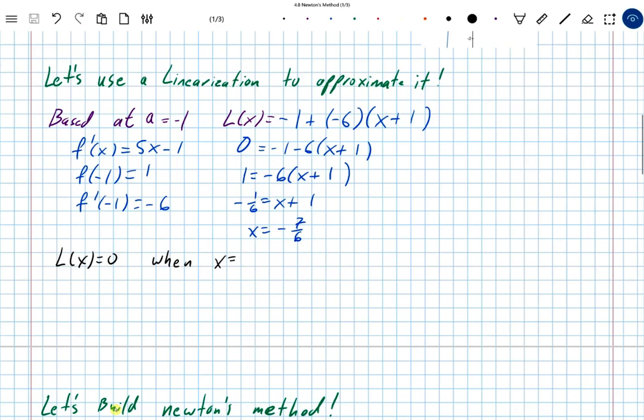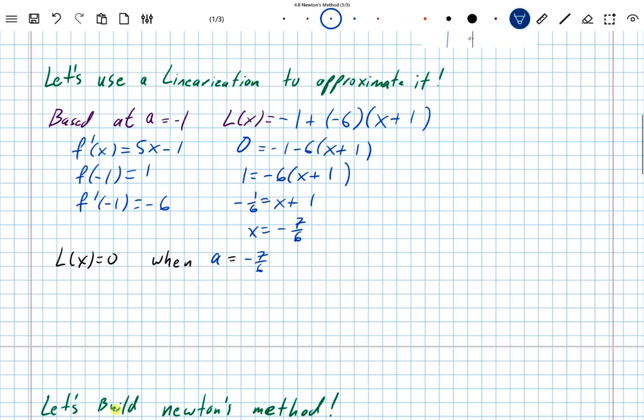Well, we got this new approximation of -7/6, which hopefully is a little bit better than what we started at, -1. So now, why not just keep going? Why not start at -7/6? Okay, and in fact, let's go ahead and just keep good with our notation. Let's write when a equals -7/6 to keep with our linearization notation.